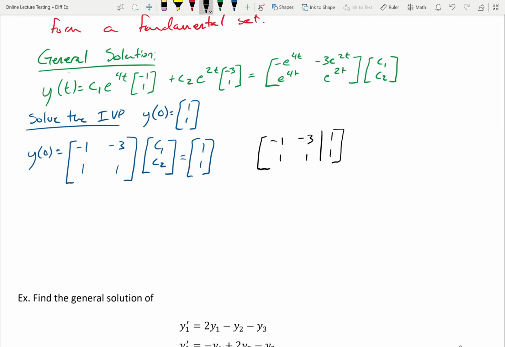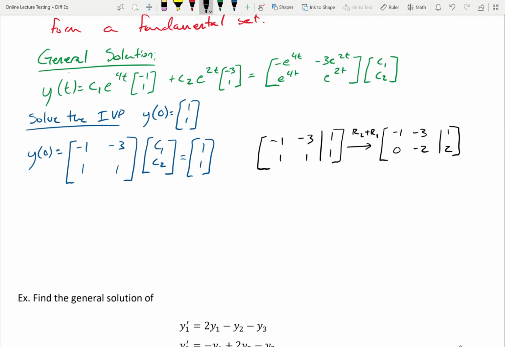All right. And now we can just do a very simple row reduction, and we're going to get a very clean answer here in just a second. So I'm going to do row 2 plus row 1. When I get that, I'm going to get 0, negative 2, 2, negative 1, negative 3, 1.